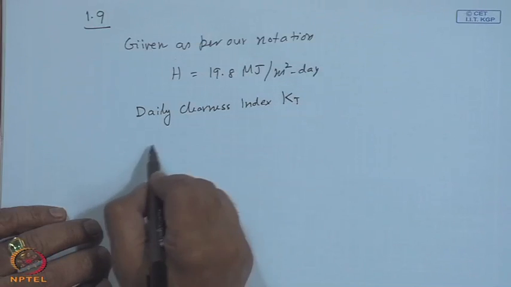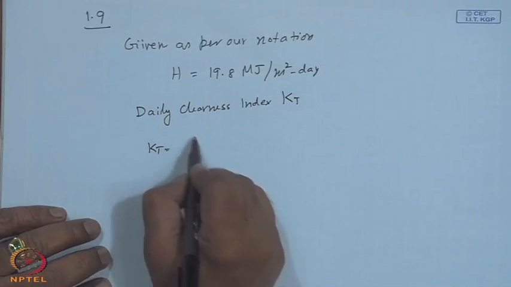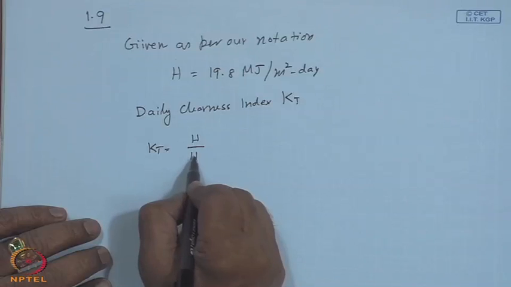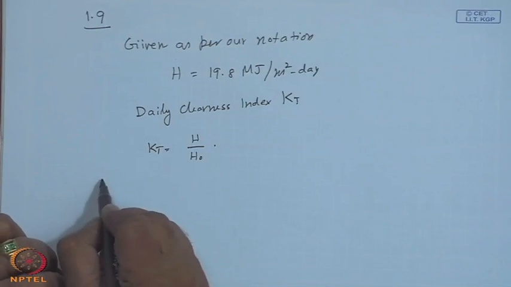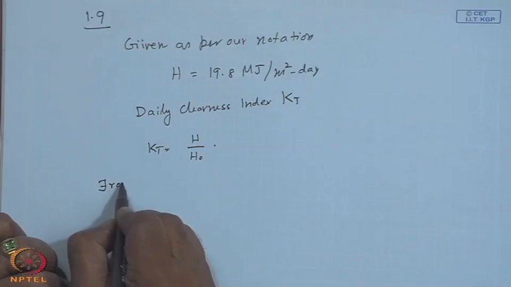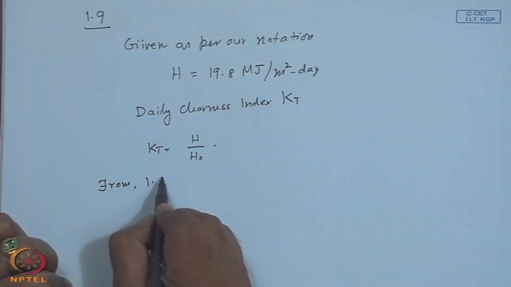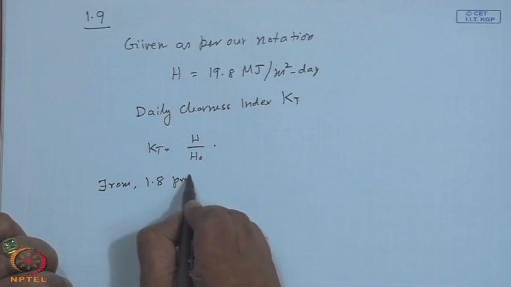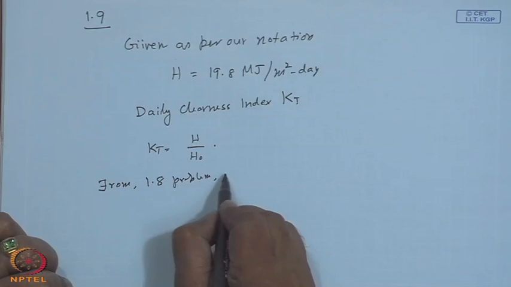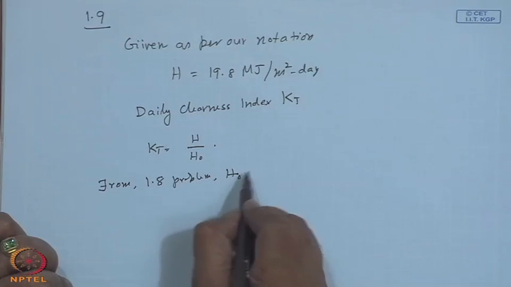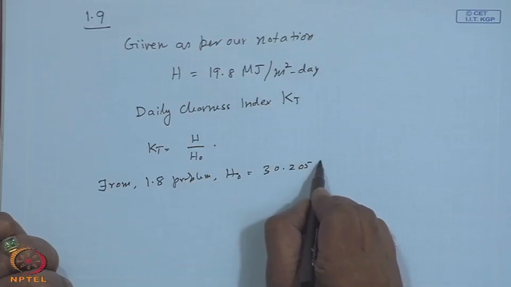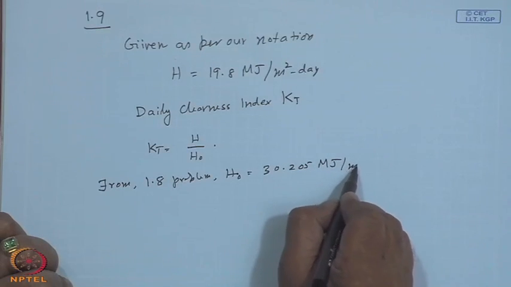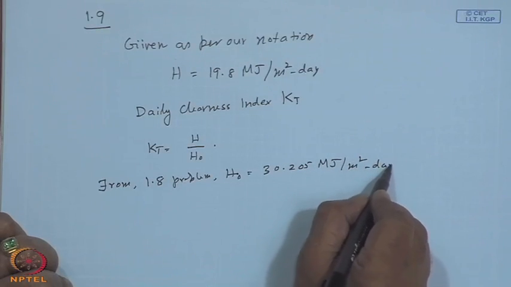Capital K_T is H upon H 0. From problem 1.8, H 0 is 30.205 megajoules per meter squared day.